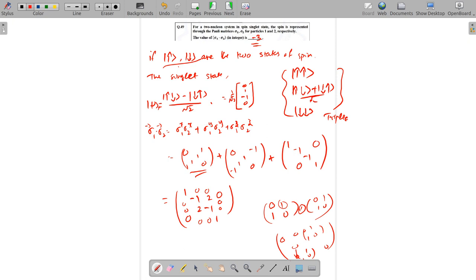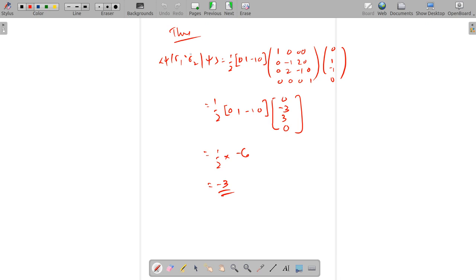You similarly do the same for the sigma y matrix and sigma z matrix, because your sigma y is basically 0 minus i, i 0, and sigma z is basically 1 0 0 minus 1. So use similar tensor product formulas here also, and you will get these matrices, and you add them up and you will get this. So this is your sigma 1 dot sigma 2.